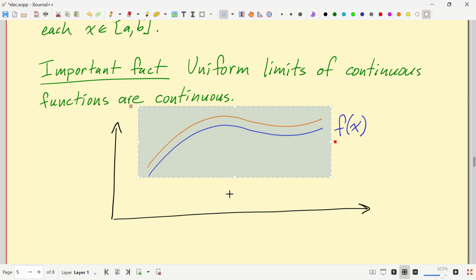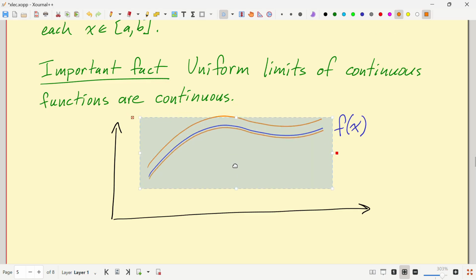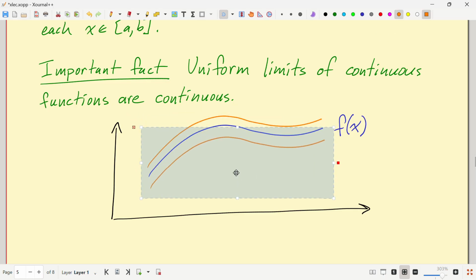And then I'm going to do it again. Turn it orange. There's minus epsilon. So the orange ones are f of x plus or minus epsilon.